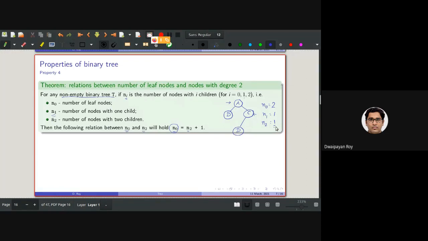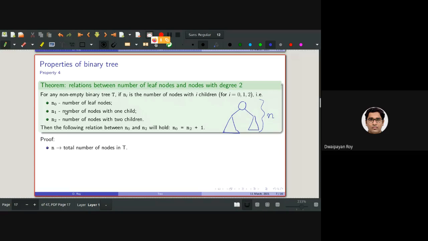All right, let's try to prove this. So let's assume that n is the total number of nodes in the tree. So if I consider one tree once again, n is the total number of nodes here.